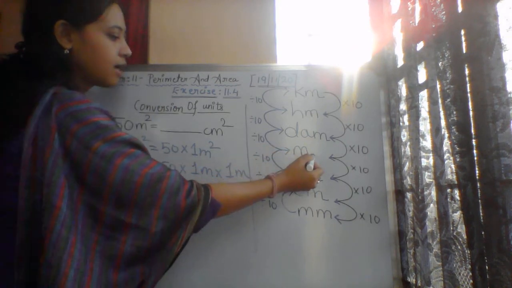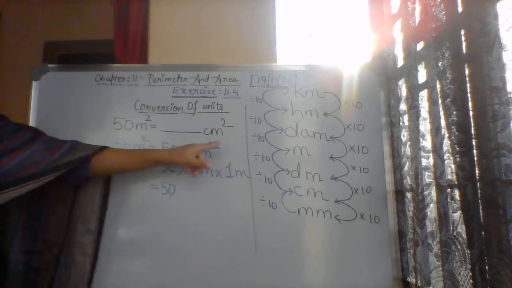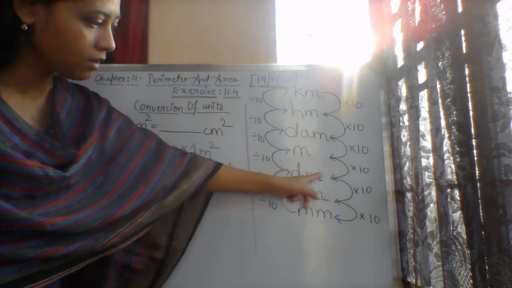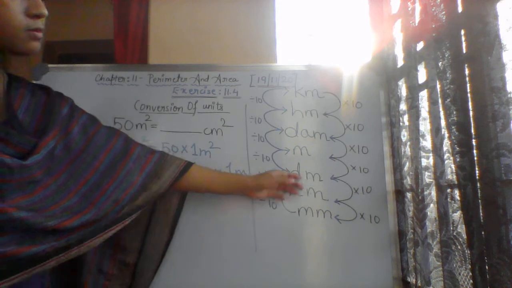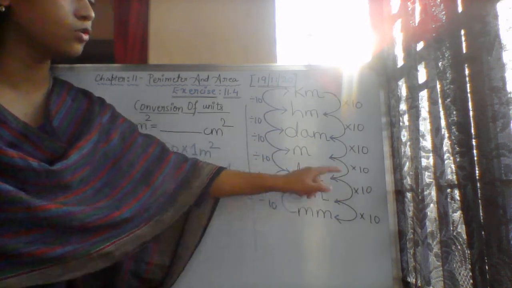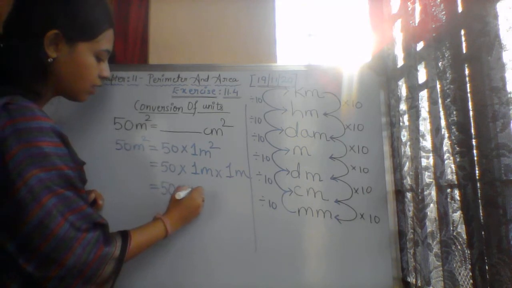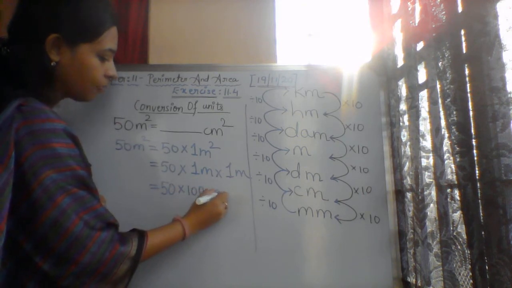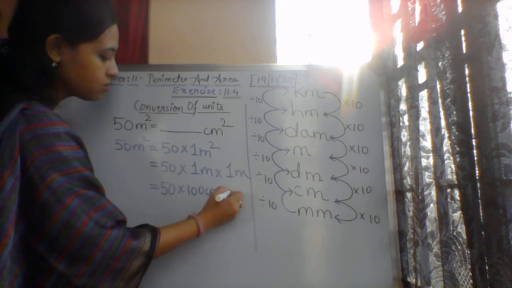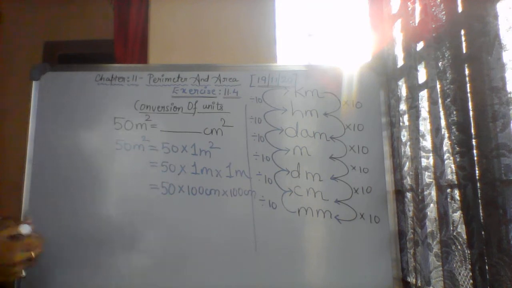How many jumps? Meter to centimeter, 2 jumps, and we are going from bigger to smaller unit. So into 10 into 10, multiplied by 100. So 1 meter equals to 100 centimeter. Similarly, this 1 meter equals to 100 centimeter.